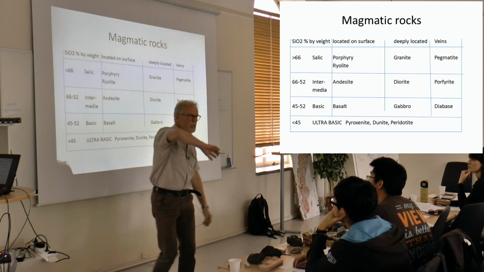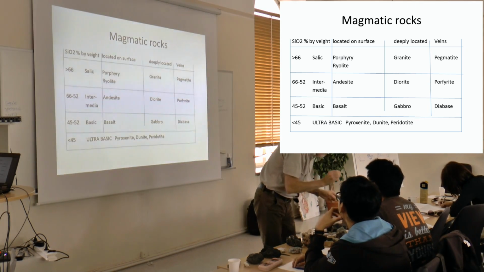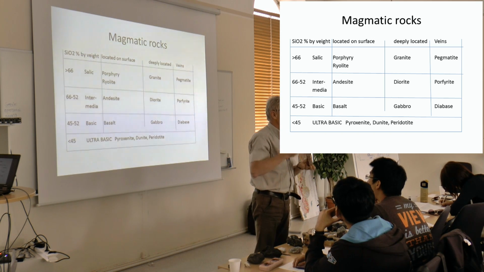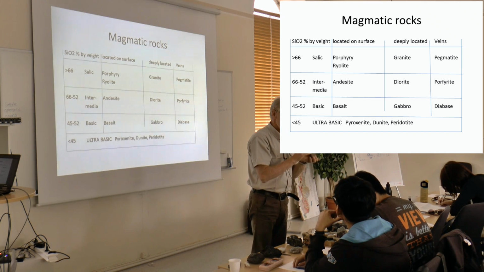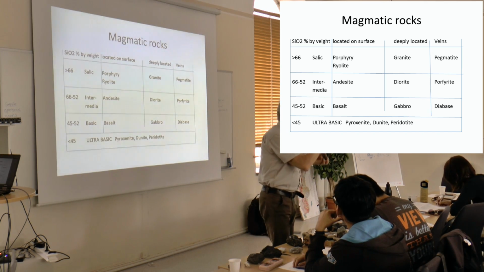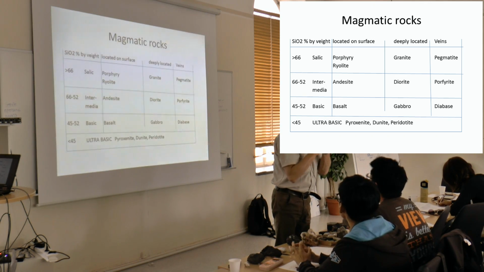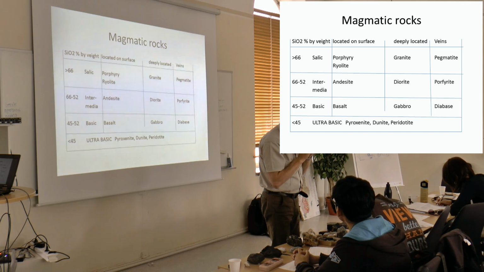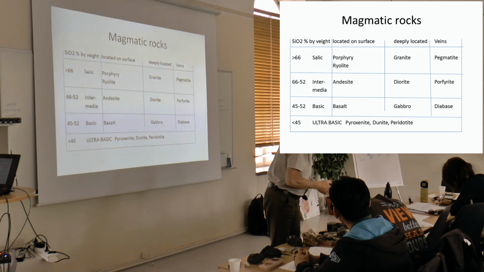Porphyry is ash which has been blown up, and we have small minerals which can be seen. A porphyry is volcanic acid ash with small feldspar and quartz crystals. We can see them inside here. That is a volcanic acid ash.